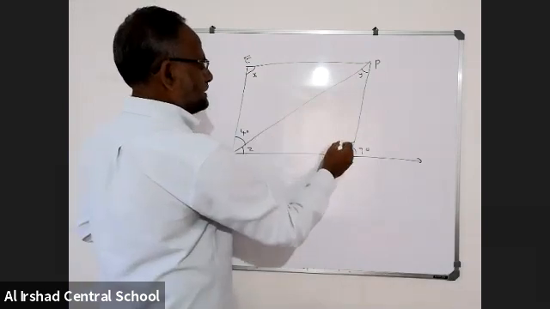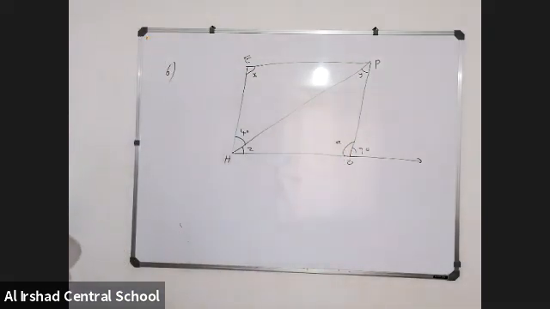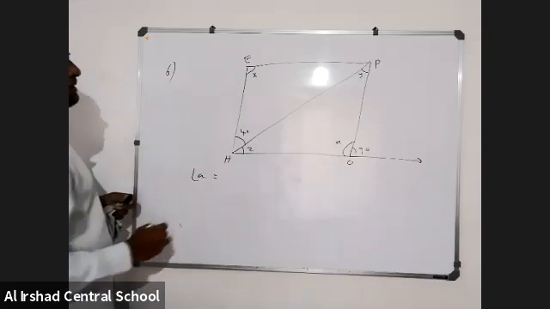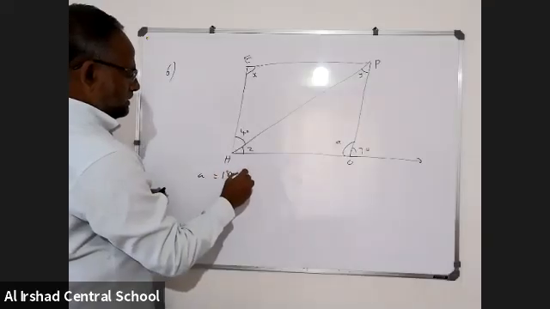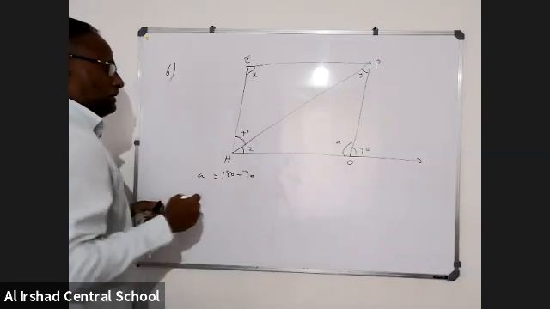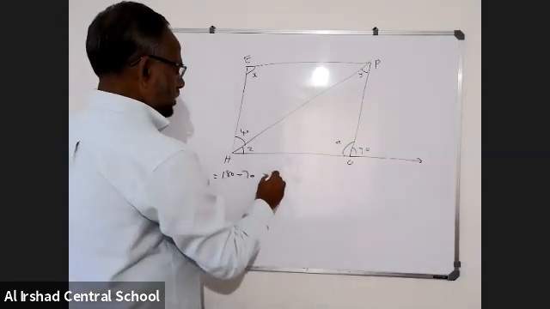Suppose this angle is a. What is a? 110. Why 110? 180 minus 70. 70 minus 180 will be negative, it will not be an angle. That means 110. Why?